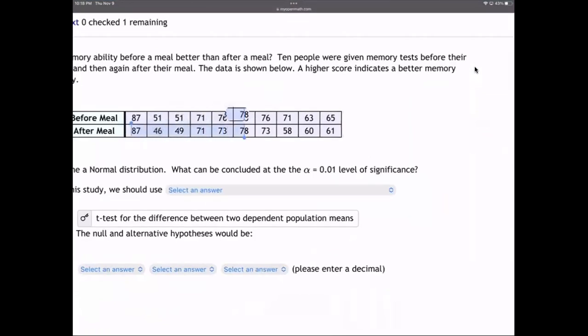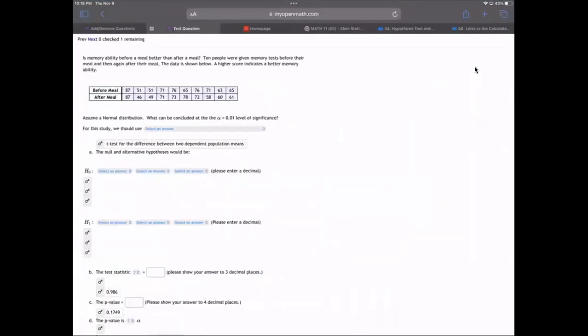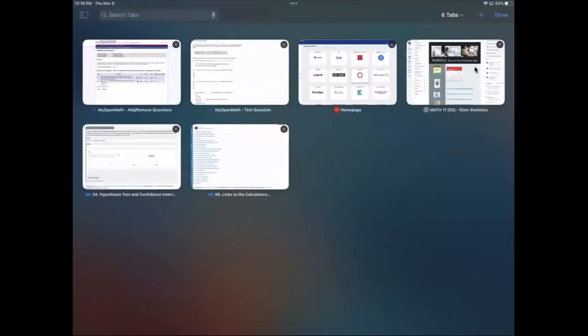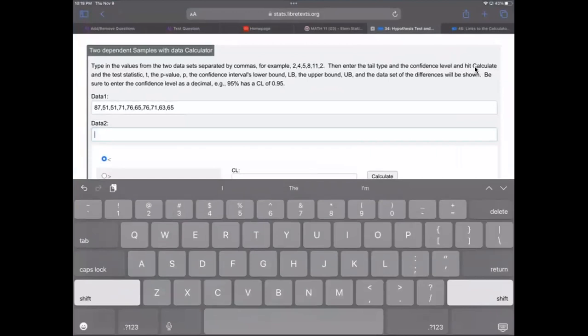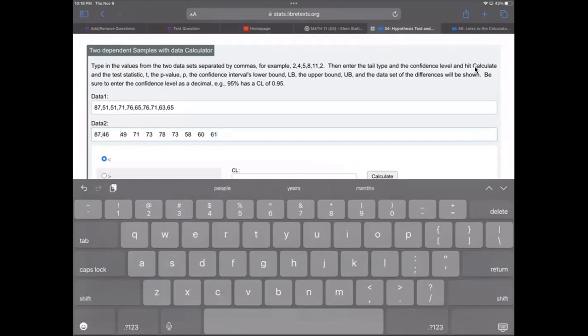I'm going to copy that data and then come back to the calculator and paste it. And you've got to put commas between it, so I'll stick commas between all that. I'd already pasted the first group, data 1. So now I'm just showing you how I copy and paste data 2.